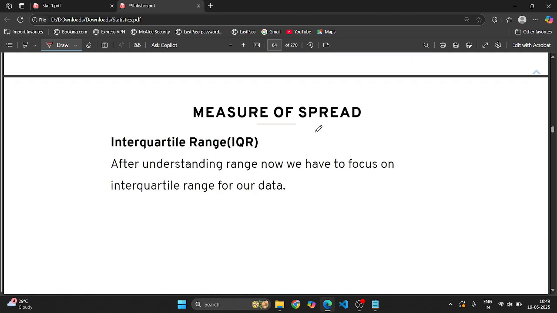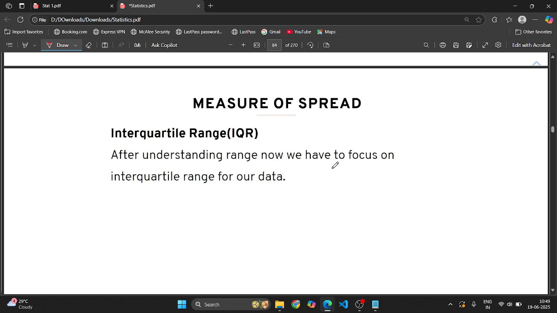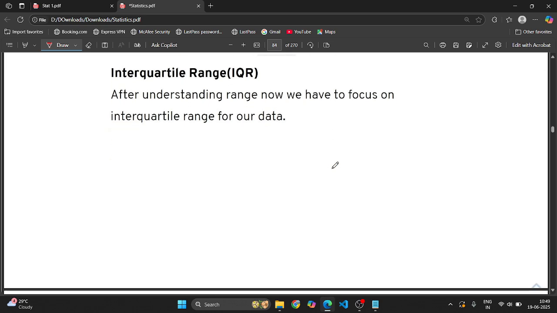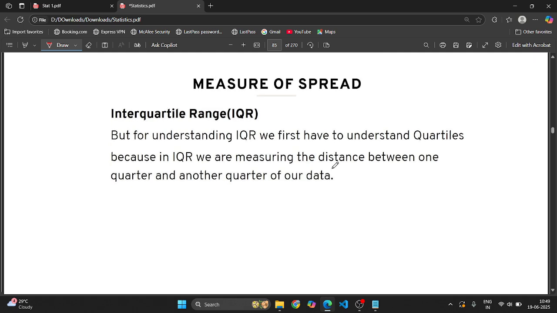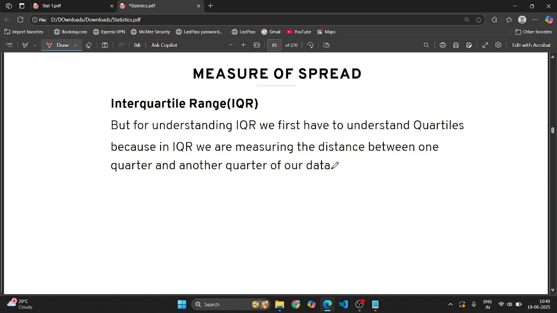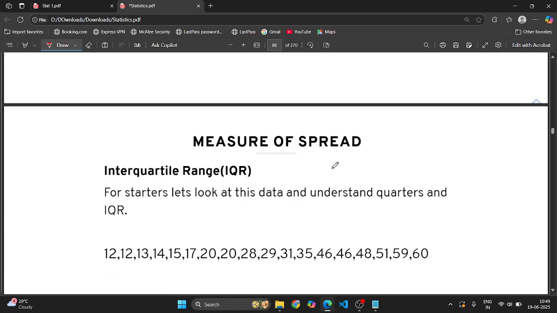Now another measure of spread is the interquartile range. After understanding range, now we have to focus on the interquartile range of our data. But to understand the interquartile range, we have to understand the quartiles, because in the interquartile range we are measuring the distance between one quartile and another.